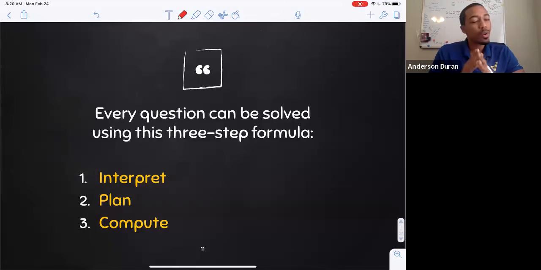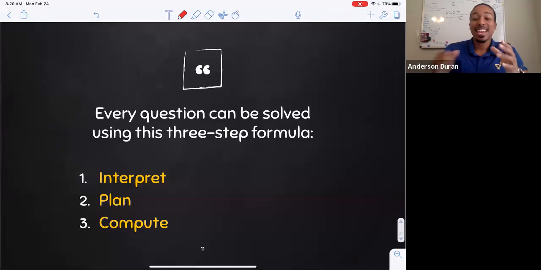But you know what happens with a lot of people? And you tell me if this is true. How many of us, when we read a word problem, see the first two numbers, scramble, grab our calculators, start crunching numbers, hope for the best, sing a song, and pray that the answer's there? How often does that happen to you? There you go, I see some people raising their hands.